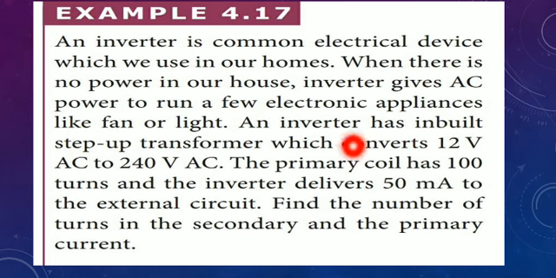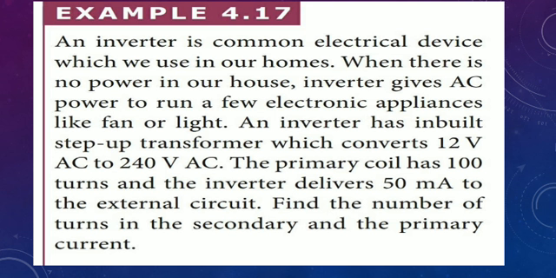An inverter has an inbuilt step-up transformer which converts 12 volts to 240 volts. The primary coil has 100 turns, and the inverter delivers 50 milliampere to the external circuit. That is, the output is 50 milliampere. Find the number of turns in the secondary coil and the primary current.